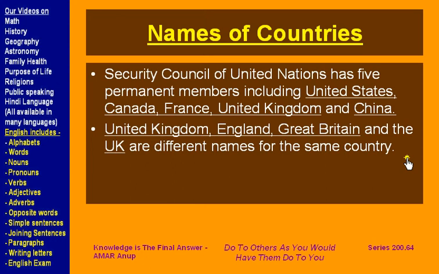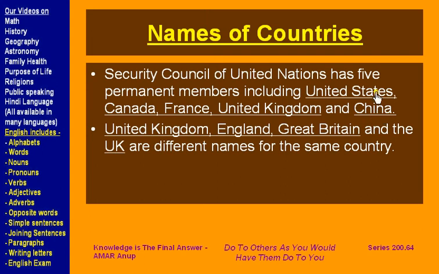Names of countries are capitalized. Next is that if we write the name of a country, then the first alphabet in the name will be capitalized. For example, this is a sentence: Security Council of United Nations has 5 permanent members including United States, Canada, France, United Kingdom and China.